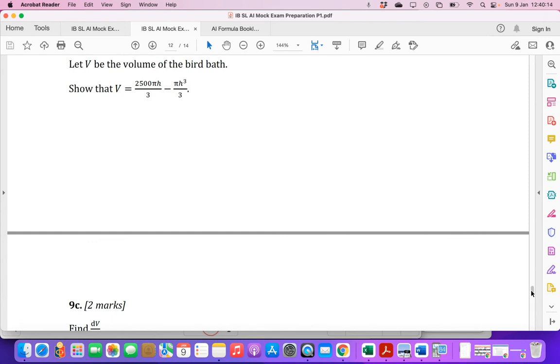Okay, so V of h is supposed to be 2,500 pi h over 3 minus something. They solved and got rid of the r in the equation.